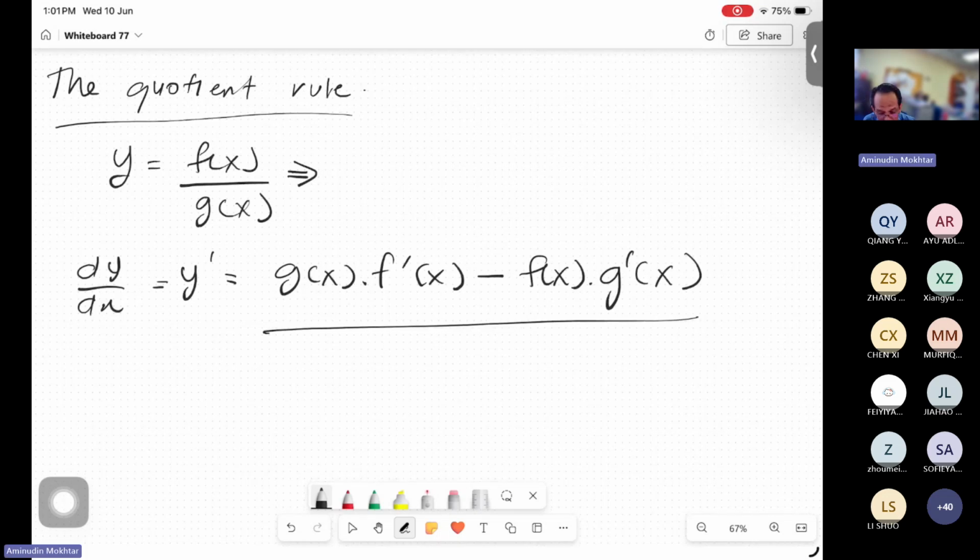All of them are divided by g(x) squared, g(x) to the power of 2.